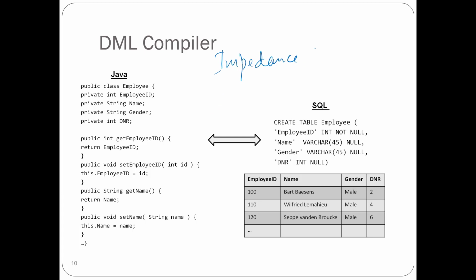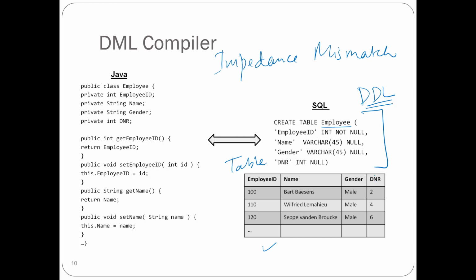Impedance mismatch. How come? Look at it. In the relational approach, the data is stored in a table. So we have a table that is storing the information about an employee, and here you're looking at the DDL, data definition language statement from SQL, which we are using to create a table named employee with these columns or properties: employee ID, name, gender, and the department number.